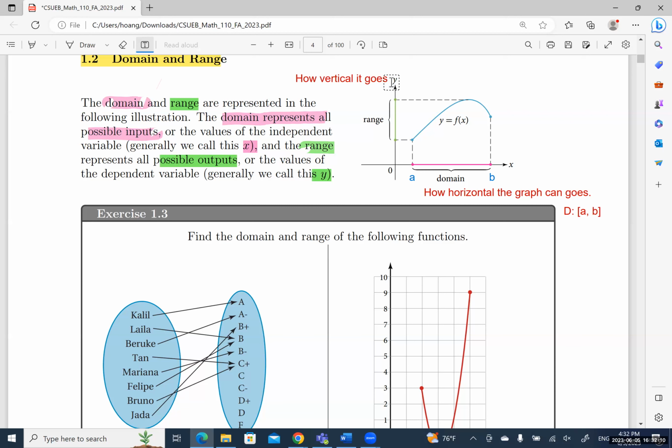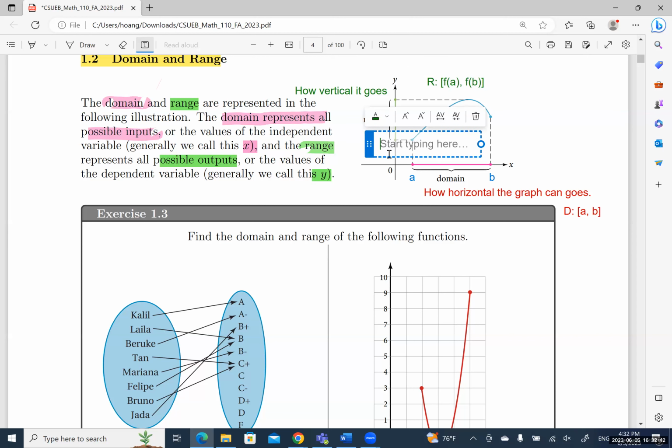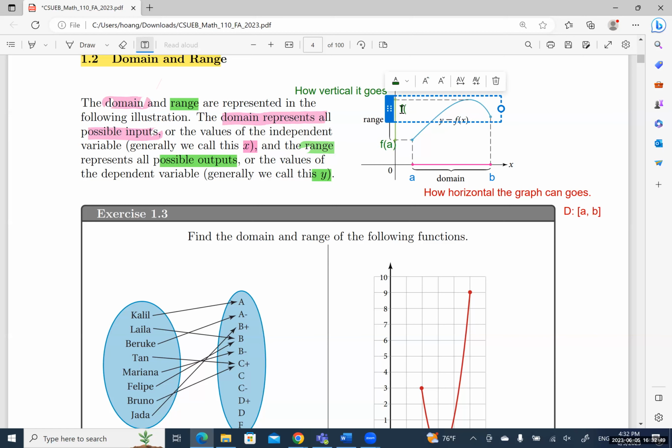Yeah, so I'm using the green one. Then for the range, I want to say in between f of A to f of B. So here is f of A and here is f of B. Oh no, it's not f of B, sorry.